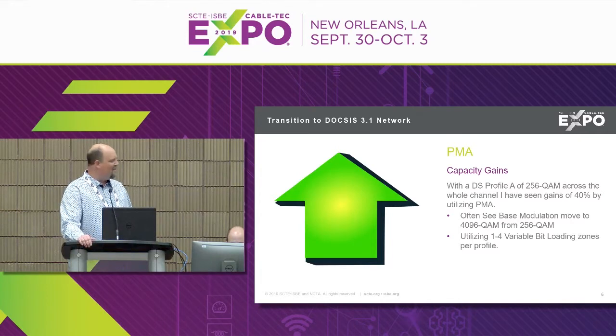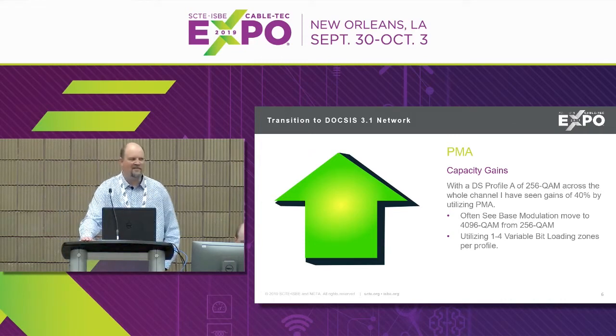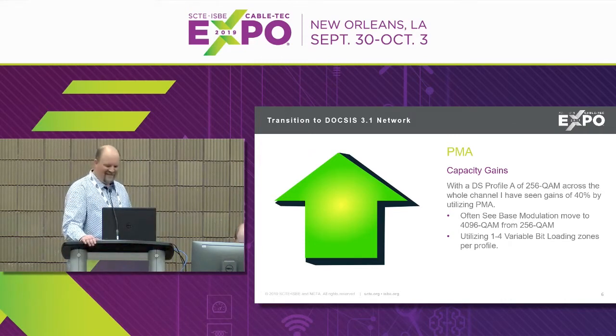And so during testing, because we're running 256 QAM, we started seeing a lot of nodes be able to perform at 4K QAM for the majority, but not entirely, and being happy at that profile. With some adjustments, we're getting about 40% gains from 256 QAM, which is lovely to see, without asking for more frequencies from your video department, because you're trying to say, hey, fewer single carrier QAMs, guys.